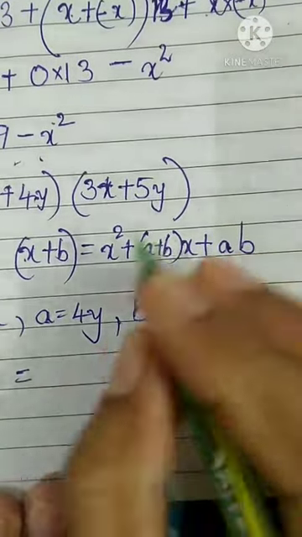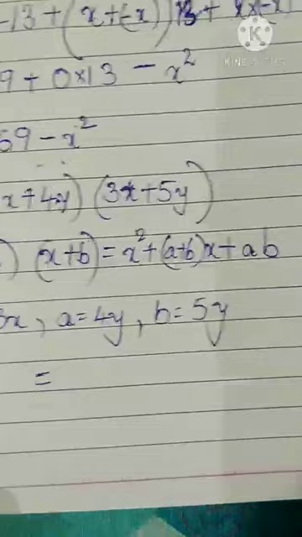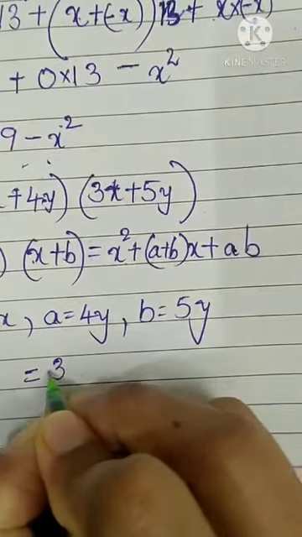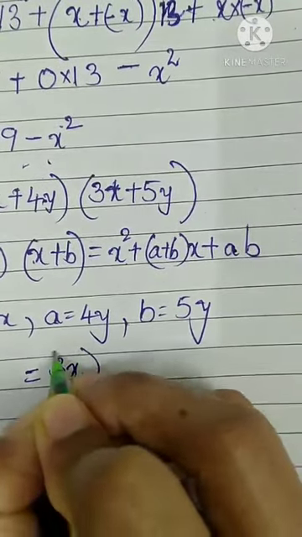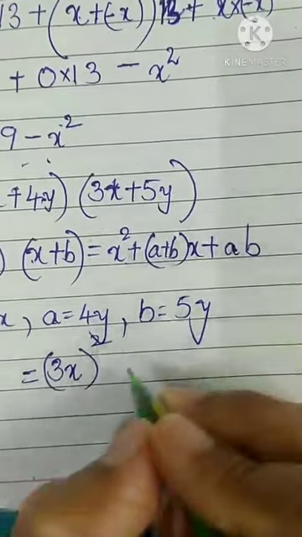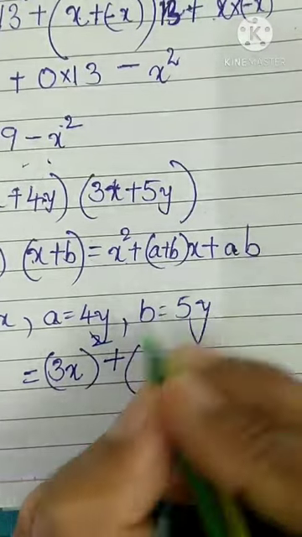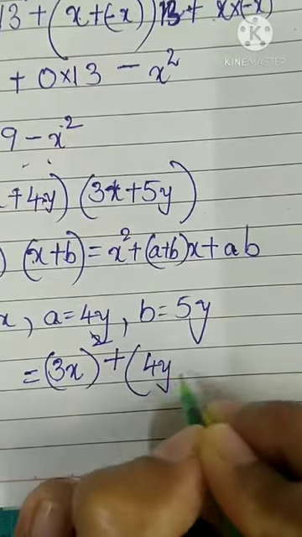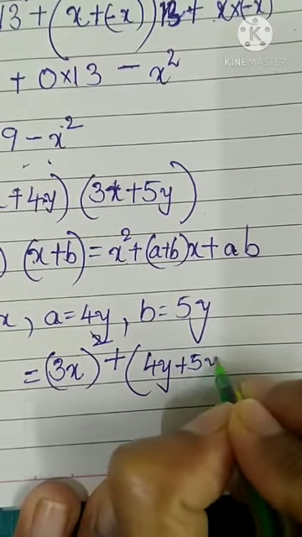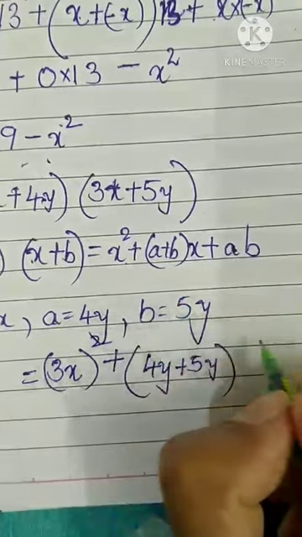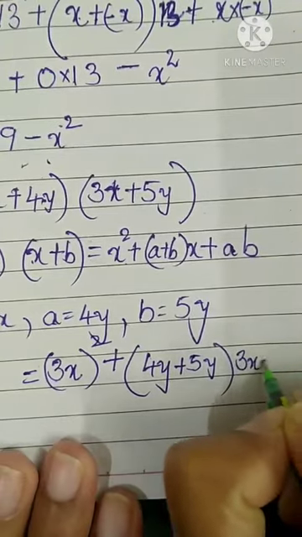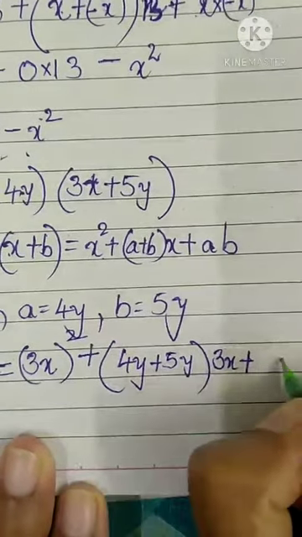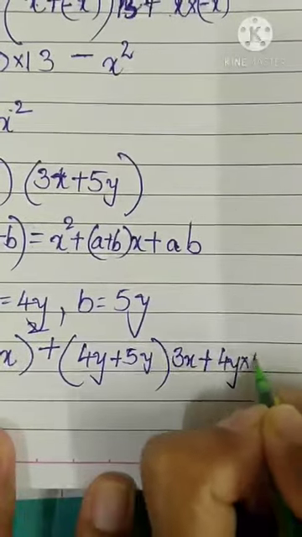Which is equal to x square, means x is 3x. So in place of x I'll write 3x, but remember to put the bracket and whole square, plus a is 4y plus b is 5y multiplied by x, x is 3x, plus a is 4y multiplied by b is 5y.